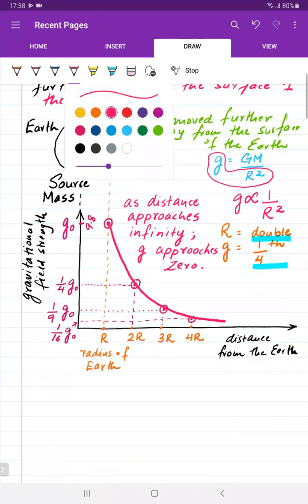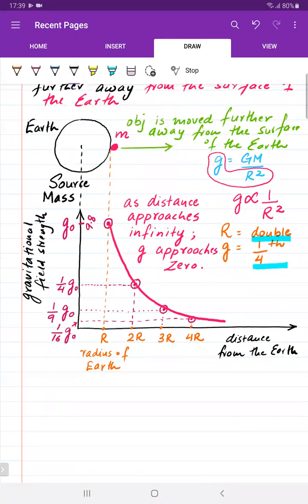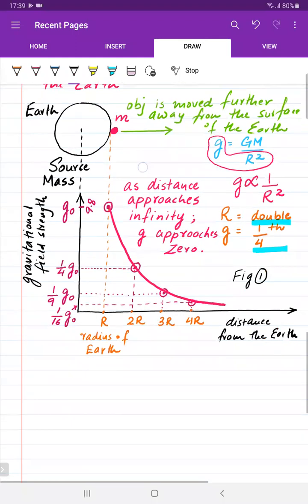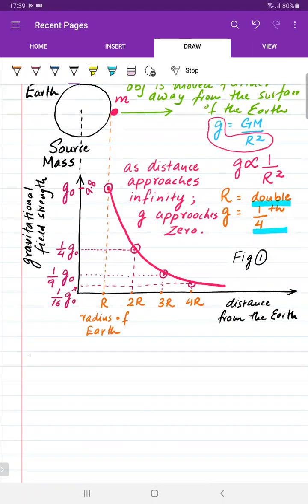let me just refer to this figure as figure 1. And follow the statement which I'm writing with regards to this figure.